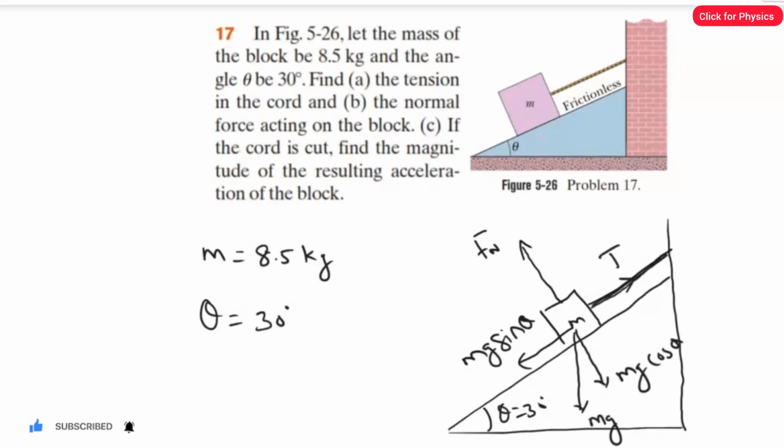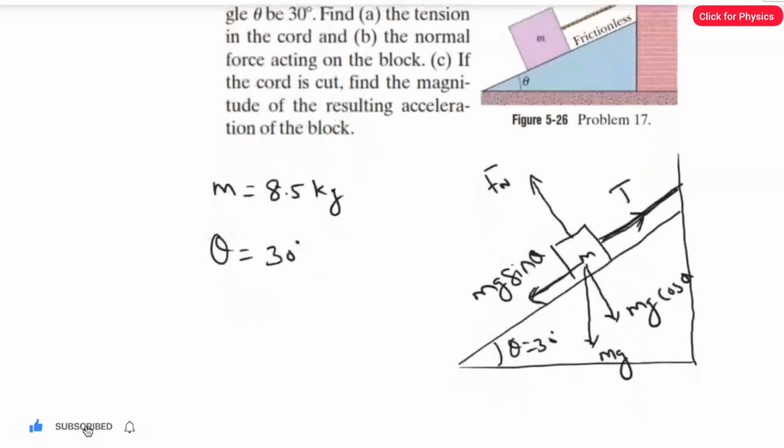The tension of the string will be acting in this direction, and it is exactly equal to mg sine theta. So the tension is equal to mg sine theta. When you use this equation, we can easily find the answer for the tension. That is the answer for our first question.